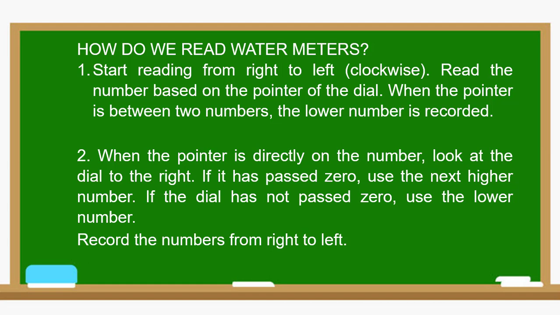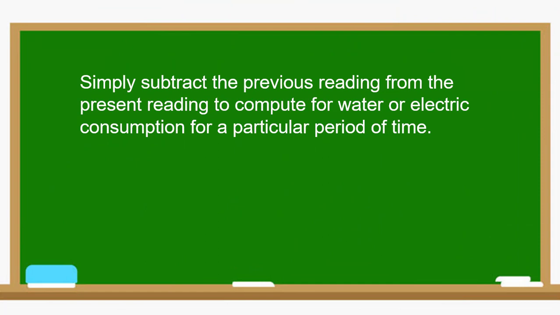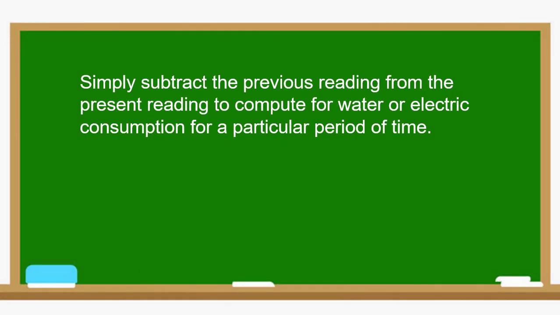If the dial has not passed 0, use the lower number. Record the number from right to left. Simply subtract the previous reading from the present reading to compute for water or electric consumption for a particular period of time.